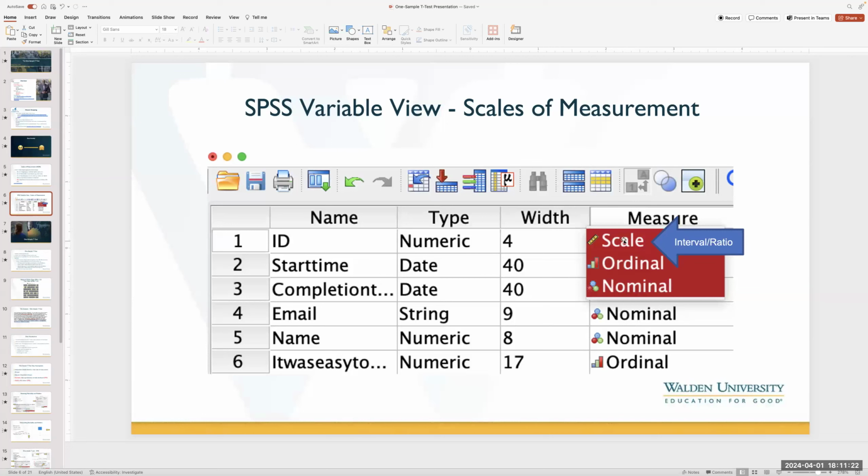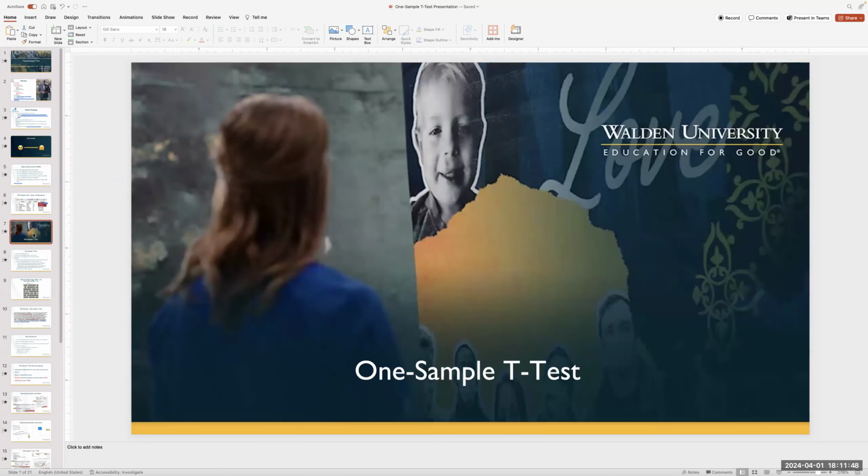So again, it's very important to understand that when a data measure calls for an interval or ratio, you won't see that in SPSS, but what you will see is scale. And you will want to select the scale, okay? So that's what we would be looking for when we run the one sample t-test. We'll be looking for that scale measured variable, okay, for sure, to make sure we're on the right track.